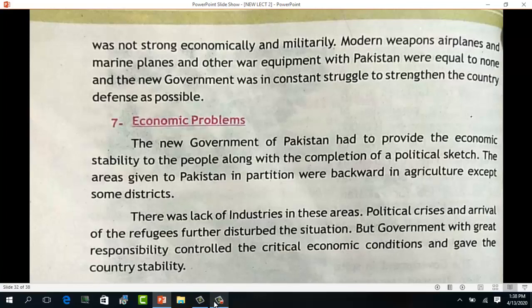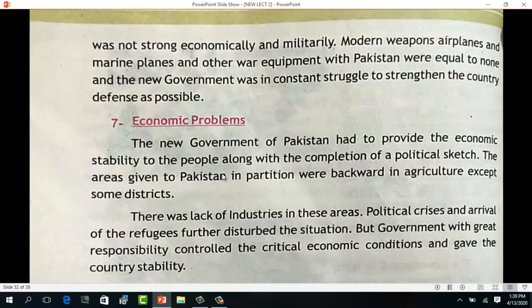Now open page number 66. Economic problems. The new government of Pakistan had to provide economic stability to the country and its people along with the completion of the political sketch. The areas given to Pakistan in partition were backward except some districts.